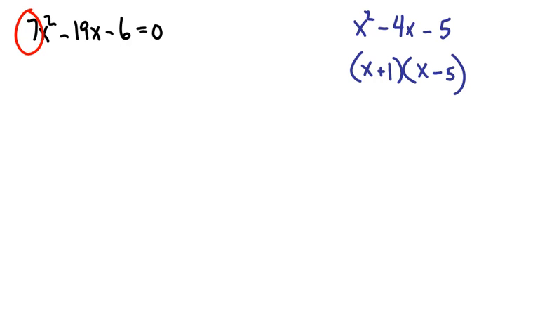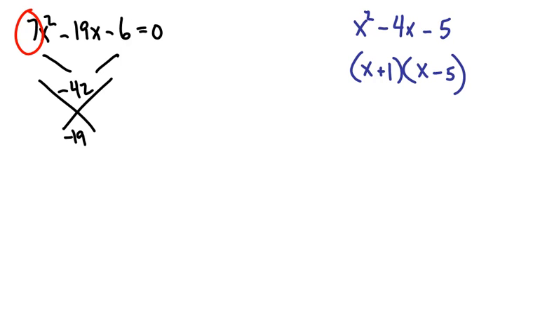You're going to multiply the first and last numbers, taking care of the sign, and that would give you negative 42. Now, you have to find two numbers that multiply to give you negative 42, but add to give you negative 19. Since the two numbers multiply to give you a negative number, one has to be positive, one has to be negative. Since they add to give you negative 19, the larger number has to be negative.